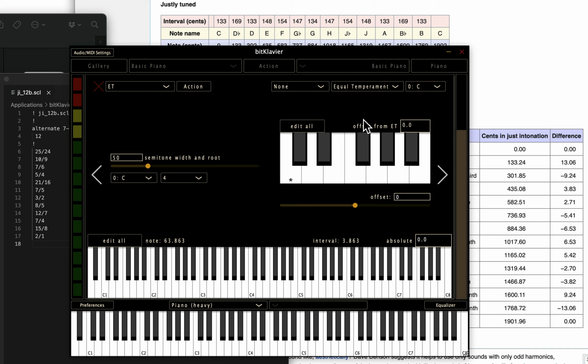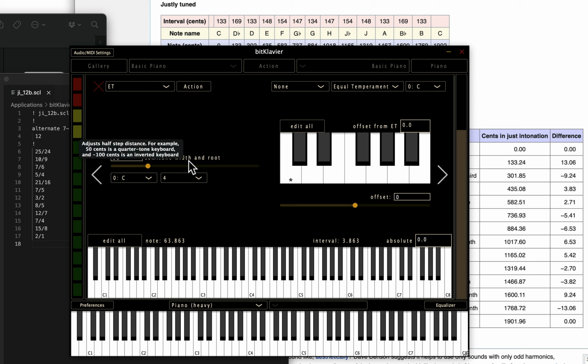And I want to look at one other example of using this semitone width, and that's for the so-called Bohlen-Pierce scale. And we're going to look at this in the second half of this tutorial as well.